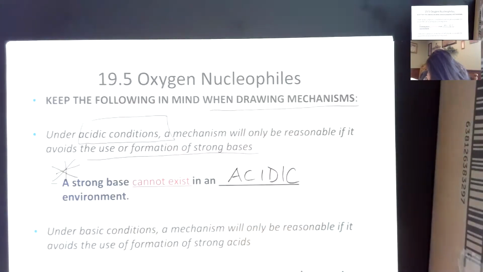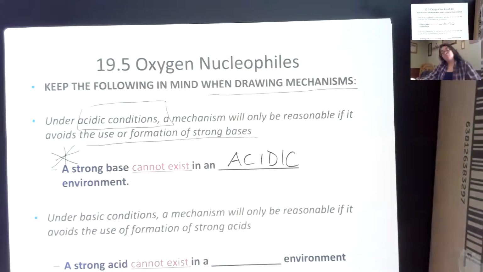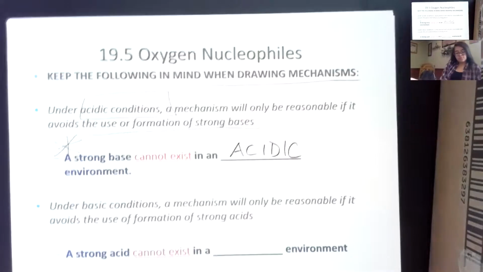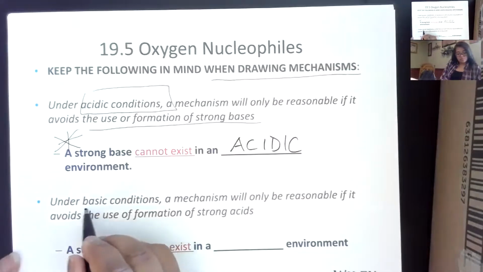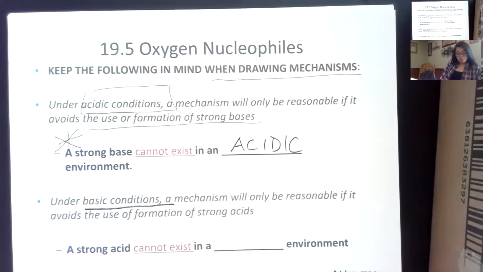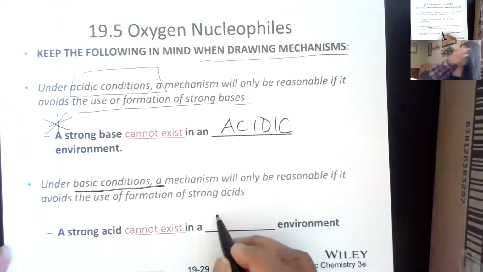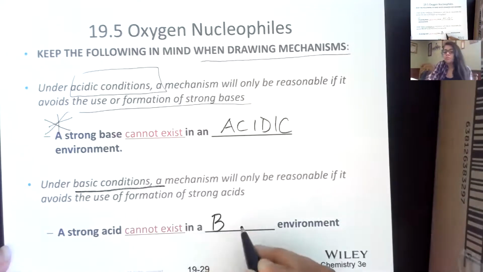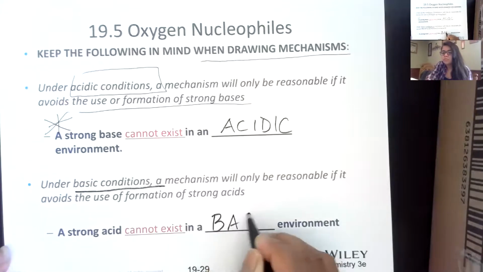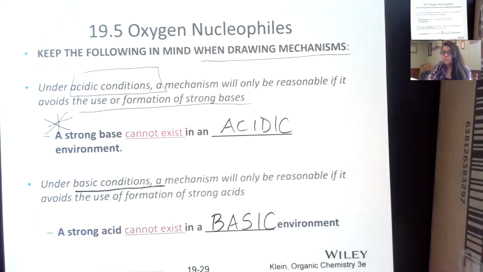Because if it's acidic, then the pH is going to be low, and a strong base, especially if you have less of it, is not going to exist. Now, the opposite is true. You cannot have something protonated if I say that the pH is greater than 7.